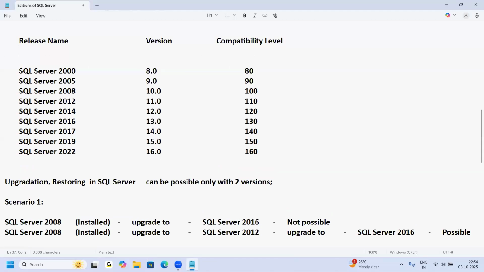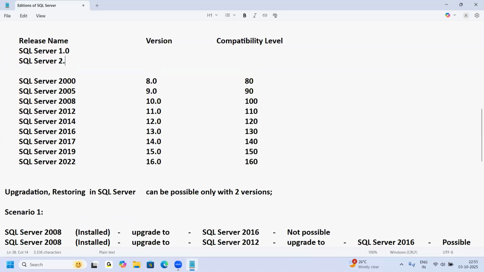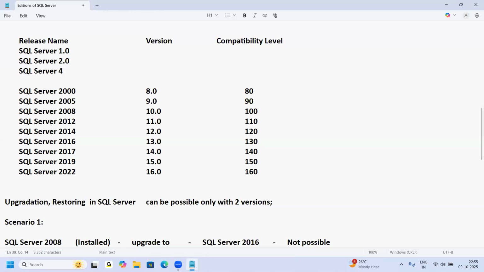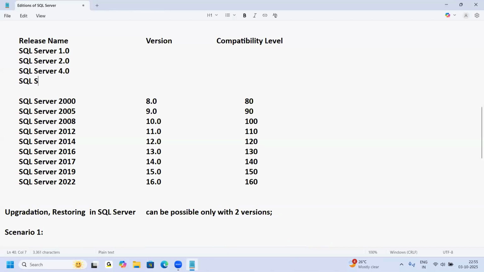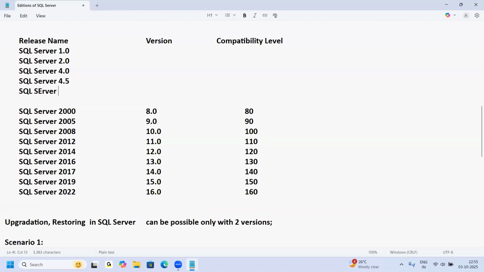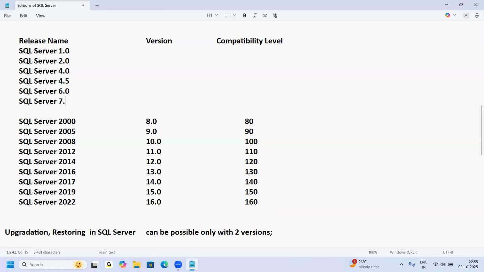And before 2000, we used to have SQL Server 1.0, 2.0, 4.0, 4.5. Release years were not there. Release numbers used to be there, then SQL Server 6.0, then SQL Server 7.0. From 2000, Microsoft started giving release names with the year in which it got introduced. You understand what I'm saying, right? Yes, sir.